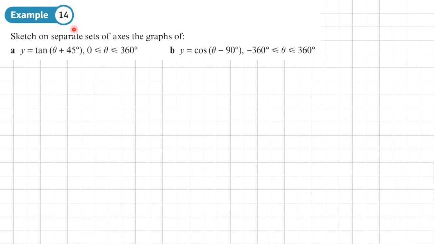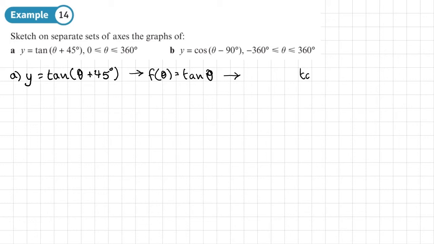Example 14. Sketch on separate sets of axes the graphs of part A. We have y equals tan theta plus 45. So again, let's call f of theta tan theta. So if we've got tan theta plus 45, that's the same as f of theta plus 45.